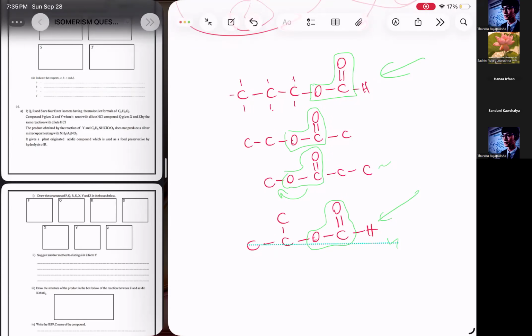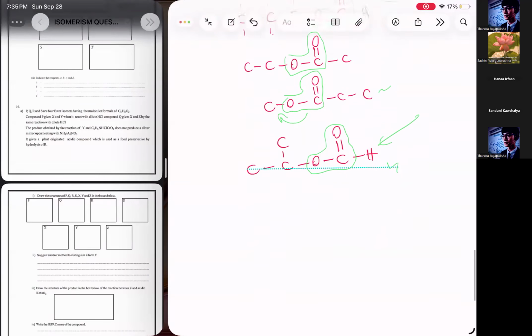Compound P gives X and Y when reacted with dilute HCl.